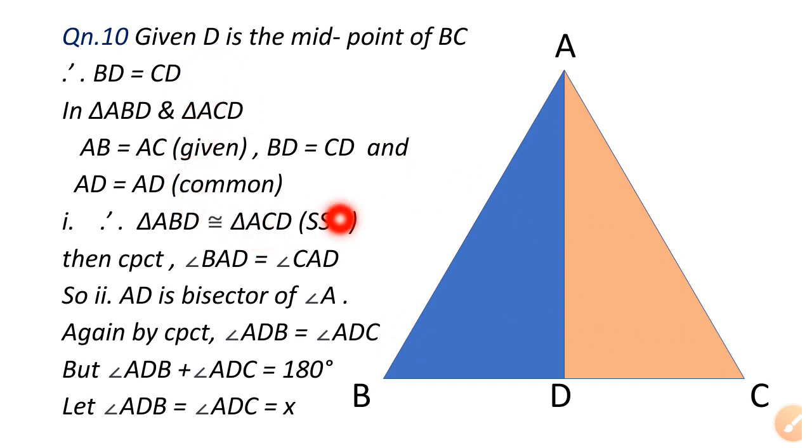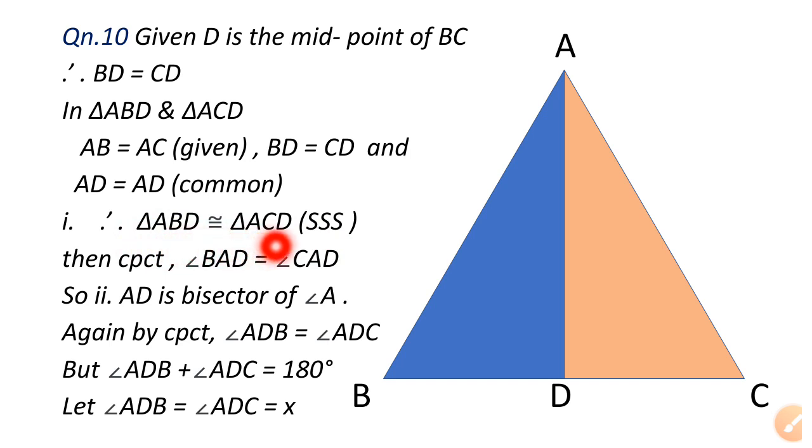Then side AD is common for both triangles, so AD equal to AD. Then we have three sides equal. So by the side criteria, we can say that triangle ABD is congruent to triangle ACD.